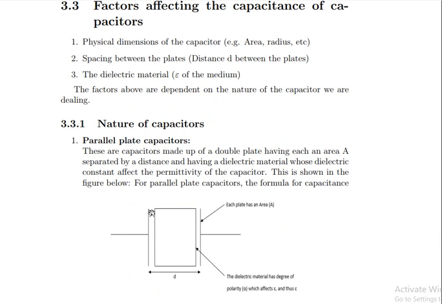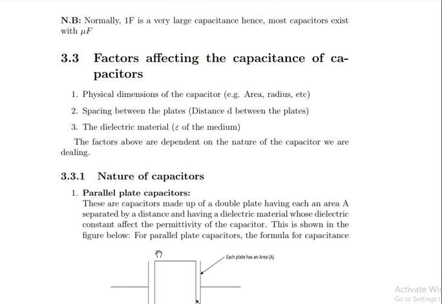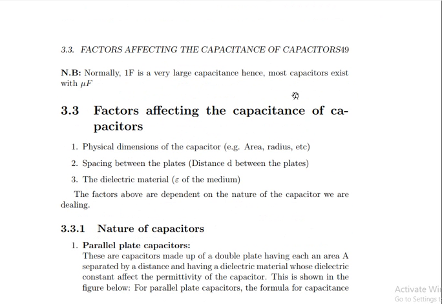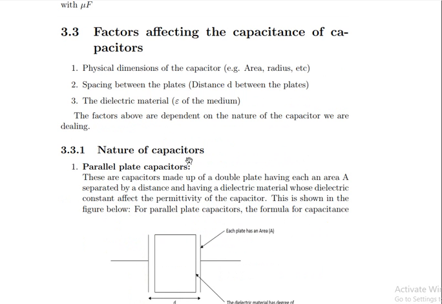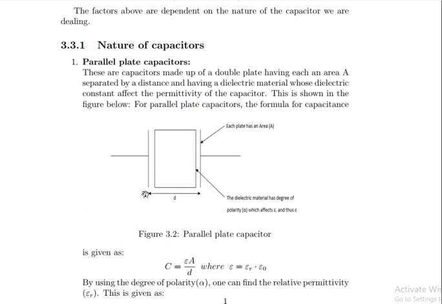The area of 1 capacitor plate can affect the capacitance of the capacitor. Number 2, we have the spacing between the plates. The spacing between the plates here is characterized by d. So we first have the area of each capacitor plate, and we have the spacing between the plates, d.